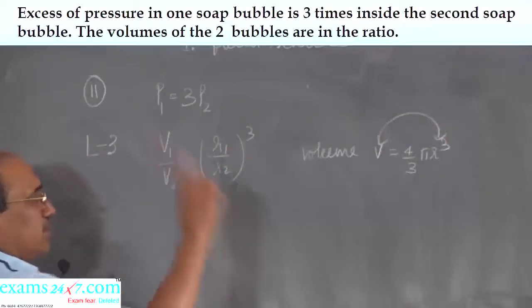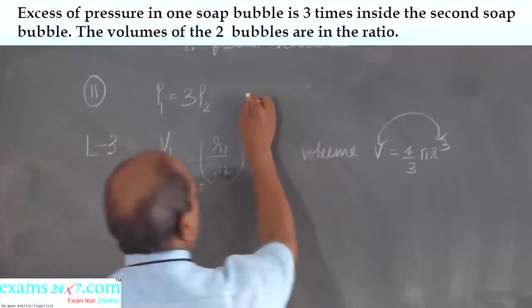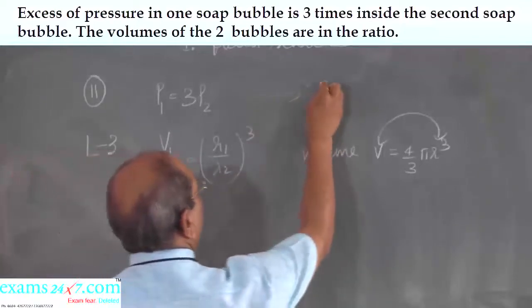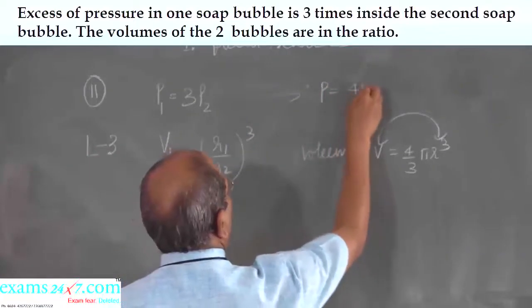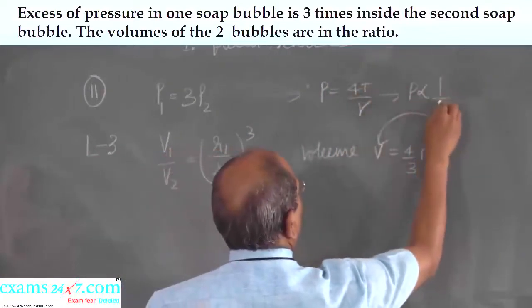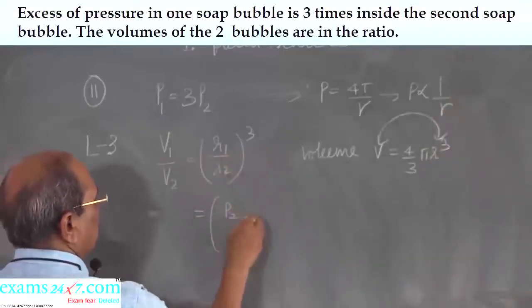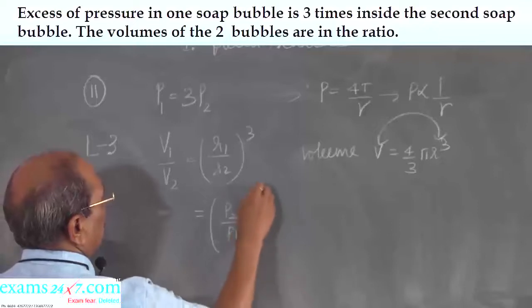They are not given radius, but they are given excess pressure. Excess pressure in a soap bubble, P is equal to 4T by R, which suggests P is proportional to 1 by R. Therefore, if I substitute here, it is (P2 by P1) to the power of 3.